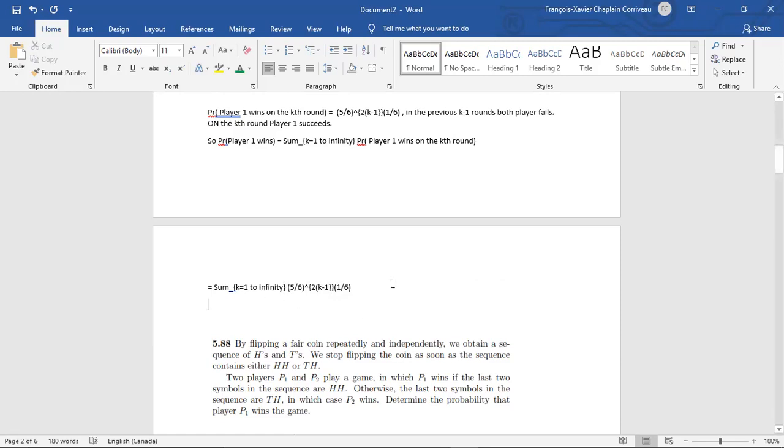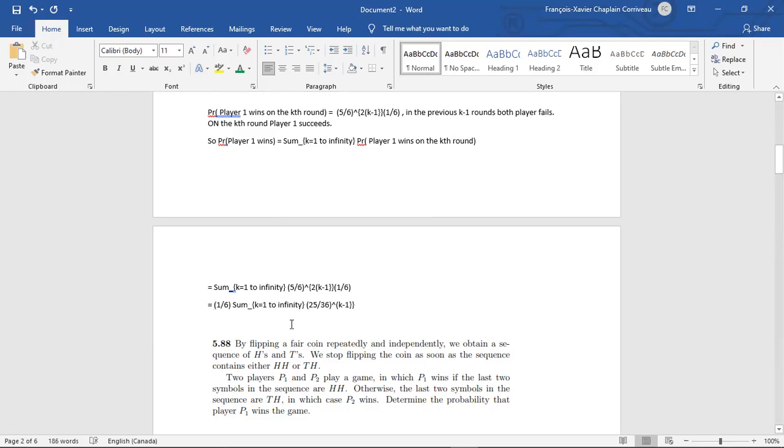We want this probability. So we can pull out the 1/6. We can rewrite the sum as something slightly different. So here I have a power of 2. So instead of keeping it there, I can put it there. So this will become 25/36 to the k minus 1. And now, sorry, my 1/6 should be in front, like that.